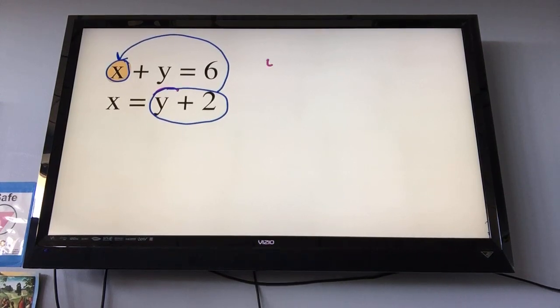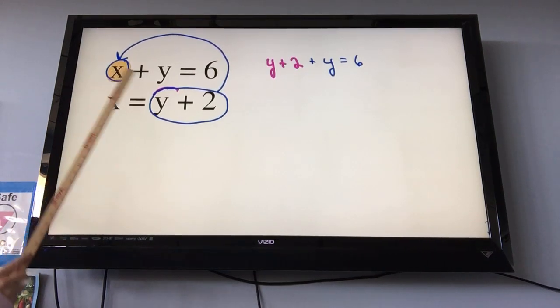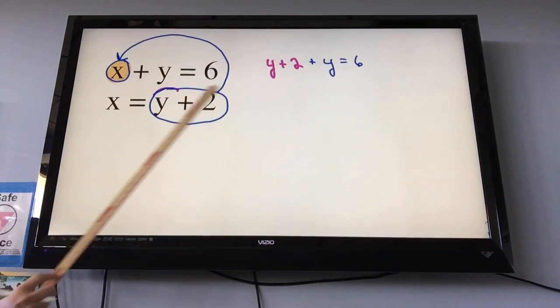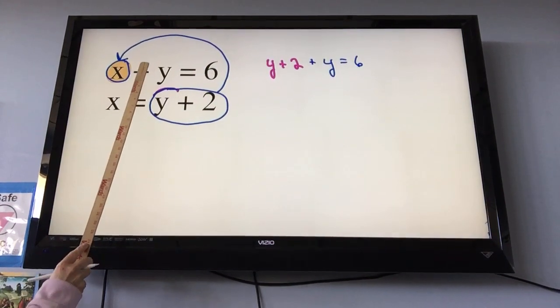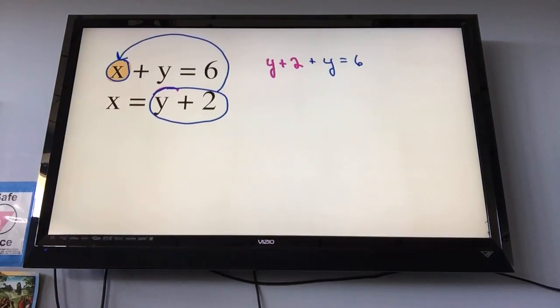I'm going to write my substitution in a different color just so you can see where I'm substituting and that the rest of the equation looks the same. So my x came out, my y plus 2 went in its place because they're equal, and I left the rest of the equation the same. So the plus y equals 6 stays the same. That's the substitution piece.